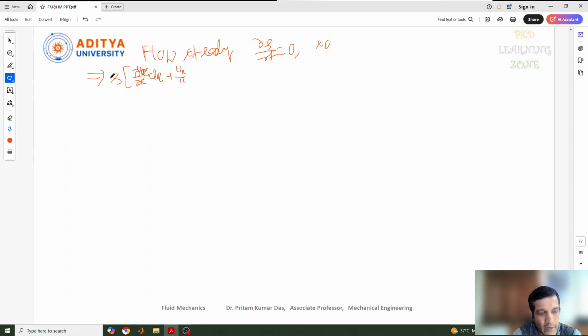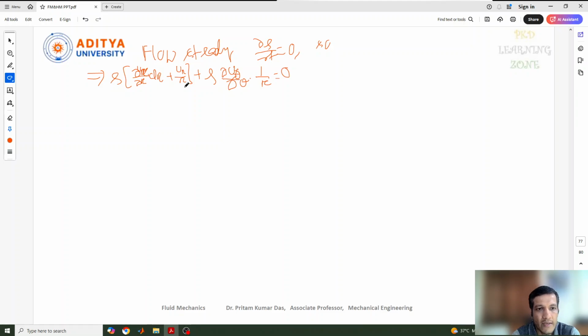Actually this ur by r was initial, I confused, no issue. So plus rho del u theta by del theta into 1 by r equal to 0.